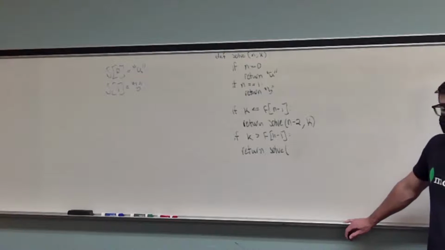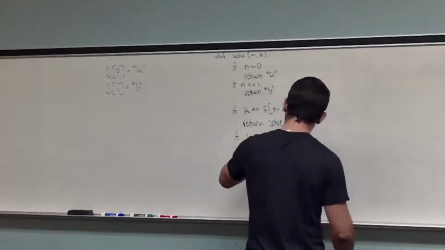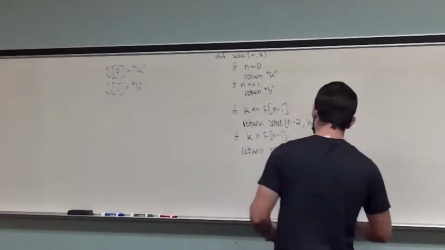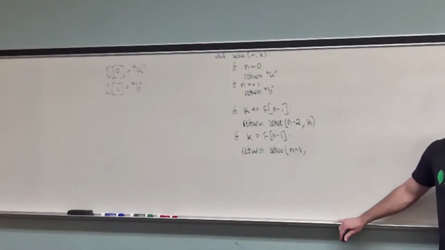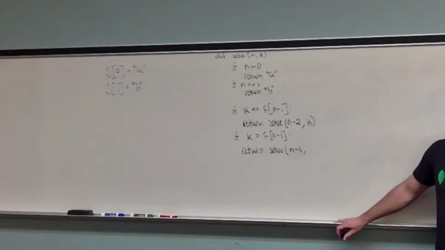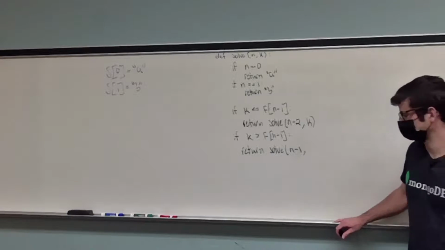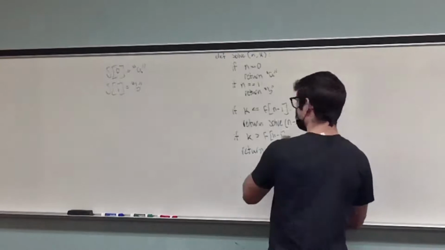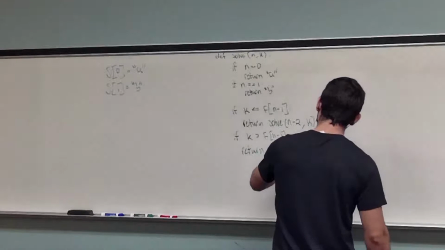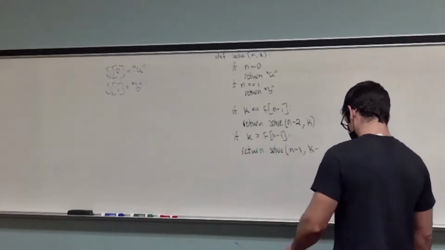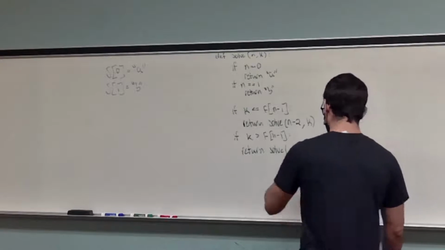N minus 1, and k minus the length of... one second, sorry. Yeah, that's fine. Just allergies, by the way. And k minus the length of n minus 2. Right? Yes, yes.